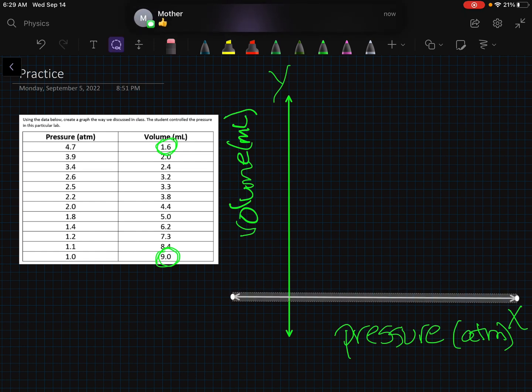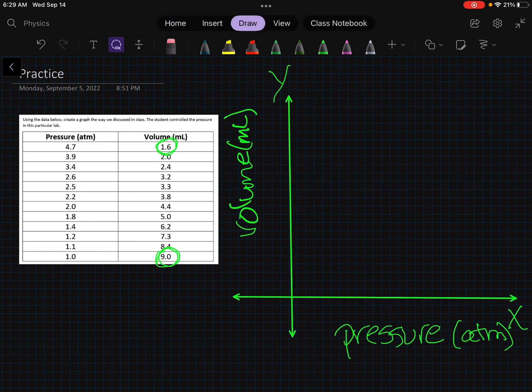Make it more straight on that line. All right, so volume's going to go up to, I'll just do it up to 10. I'm going to make every other line a tick mark. 5, 6, 7, 8, 9, 10. Oops, I skipped a line there.